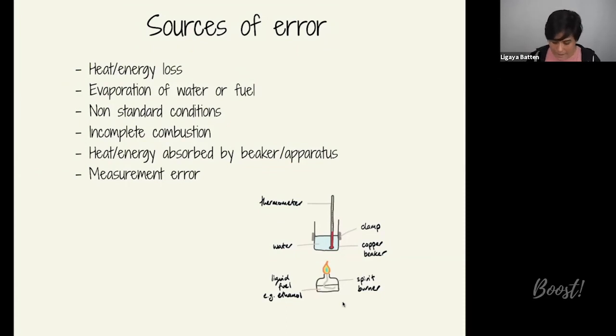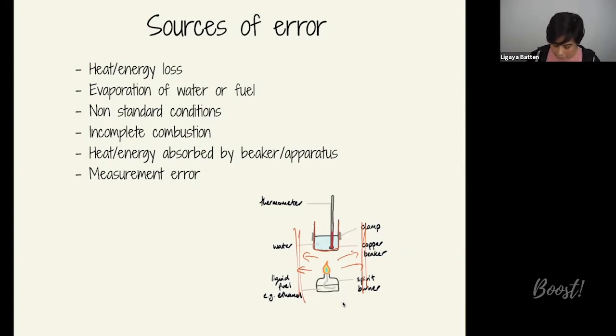But we may have heat lost to the air around here, which we could probably improve by putting some kind of insulating barrier like a windshield. We may have heat absorbed by the beaker that obviously wouldn't be measured by the thermometer. And so that could be a source of error.